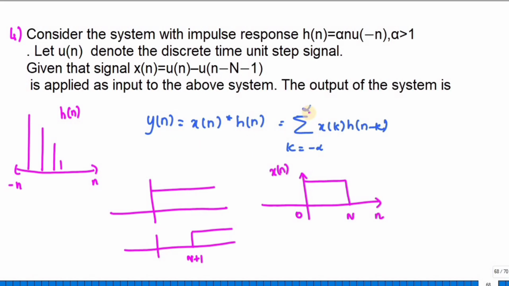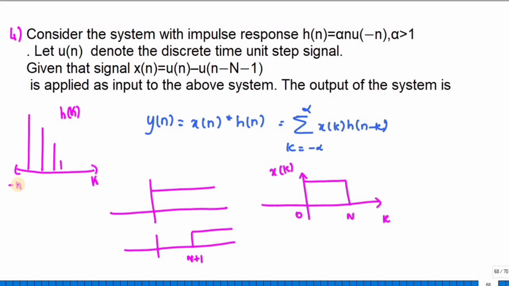summation k is equal to minus infinity to infinity x of k h of n minus k. So I'm going to change this one to x of k. Okay, and if I change this one to x of k, it will be like this.